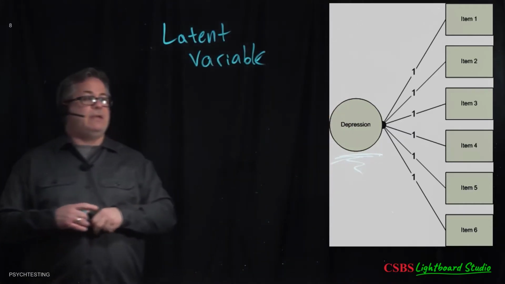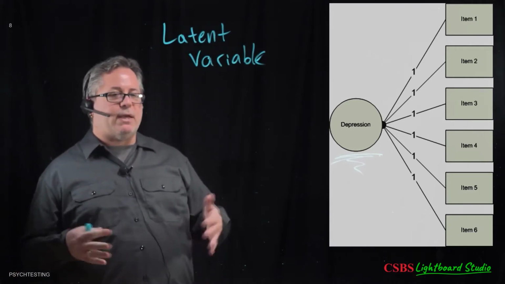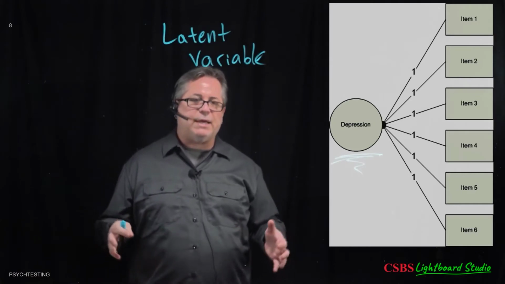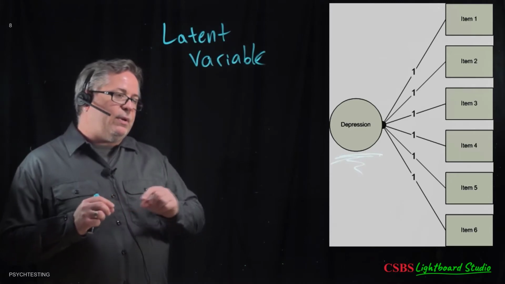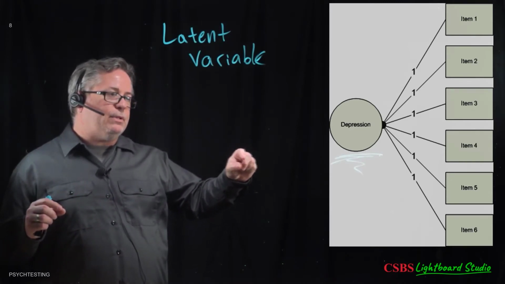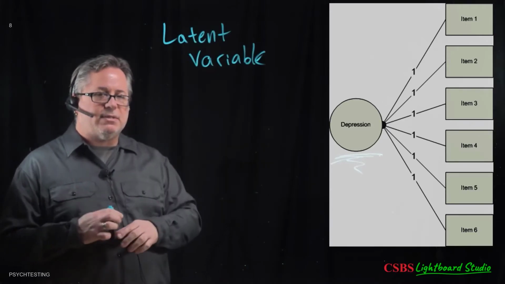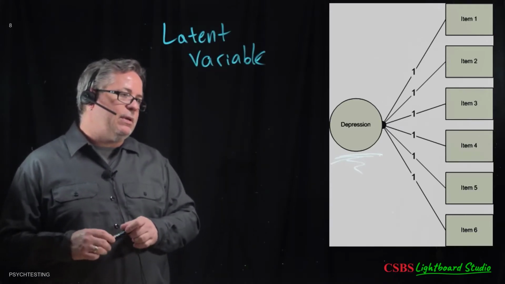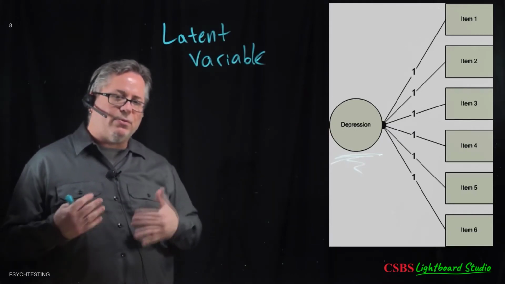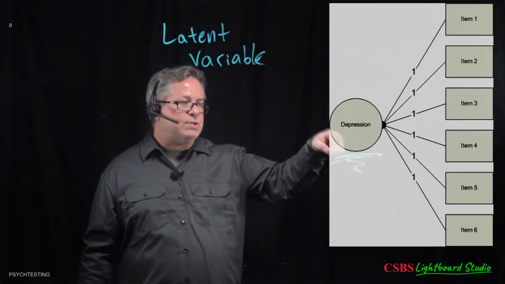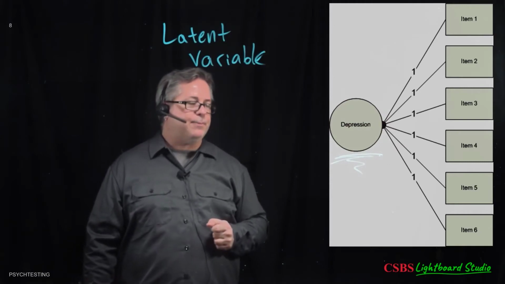Depression is a latent variable. It's something we can't measure directly, so we have to use some kind of measure, a scale, some kind of inventory to look at these very related but different behavioral aspects of depression, often to try to measure depression in general, because it can manifest a little differently in people. So to try to put people on the same depression scale requires multiple items to be combined together.